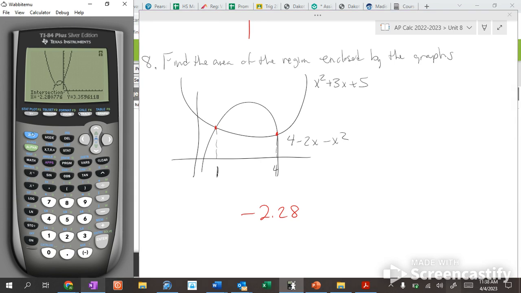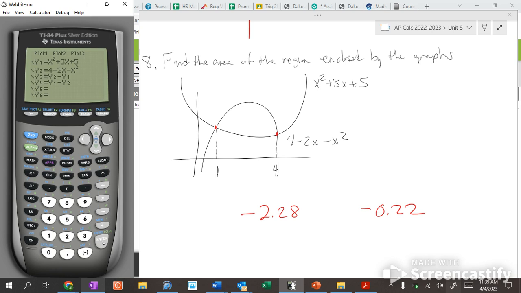And then second trace, intersect. They intersect at negative 0.22. And then second, we want to go y equals. Turn off these two. What's my top curve? Y2 or Y1 in this case?